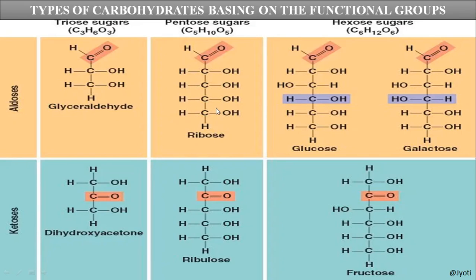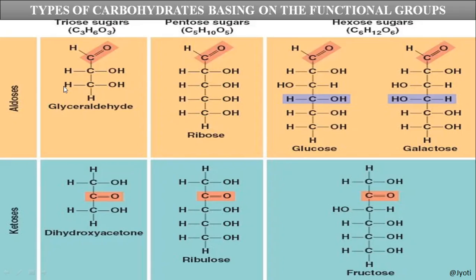Similarly, here if you leave this CHO, the functional group, then this is a polyhydric alcohol having many hydroxyl groups and many hydrogens. So this is also a polyhydric alcohol but having an aldehyde as a functional group.